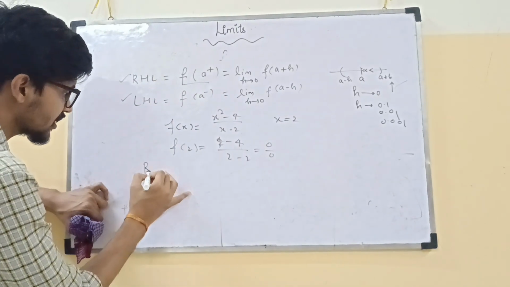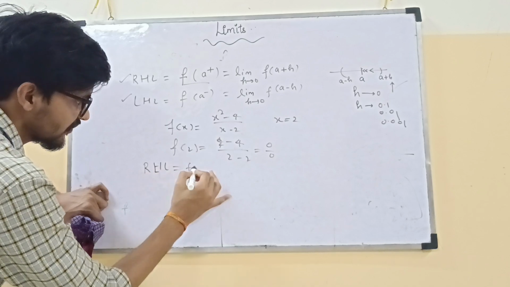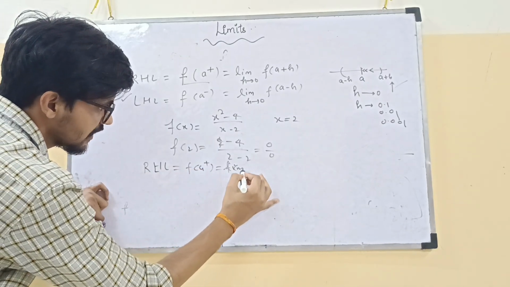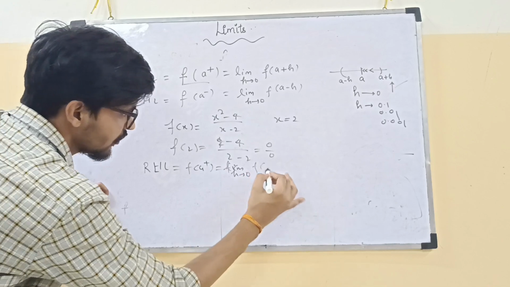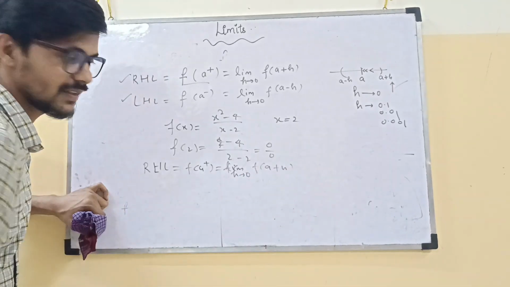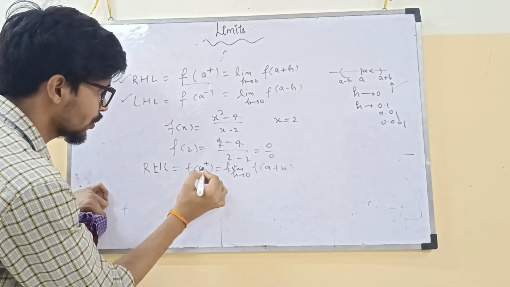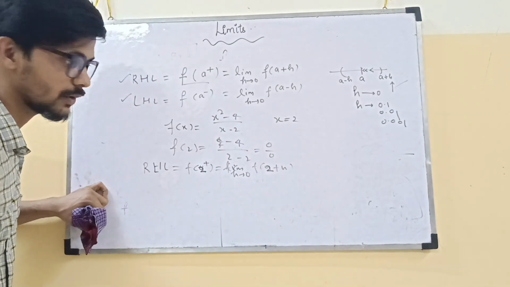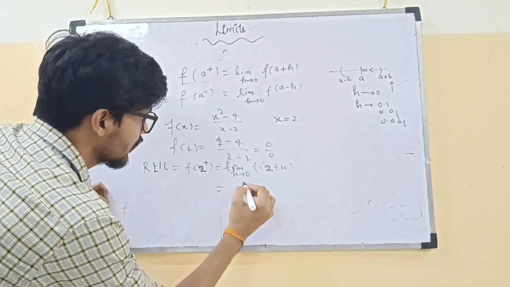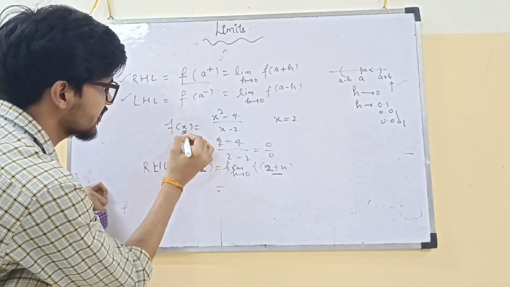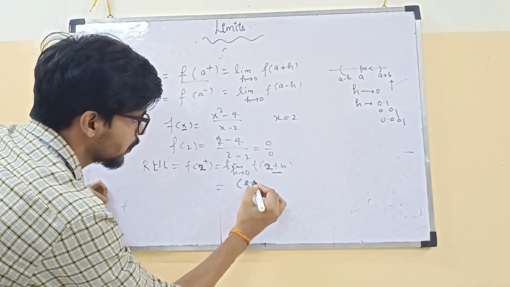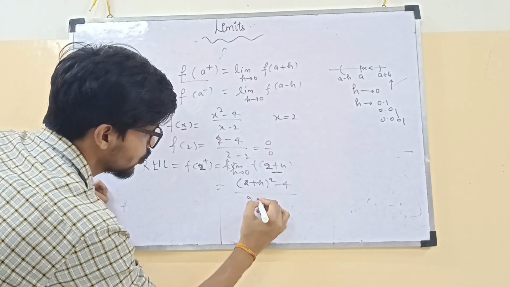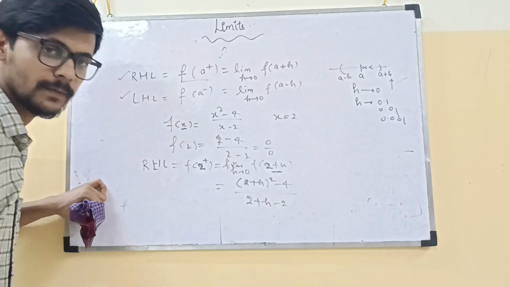Okay, so RHL is f of a plus, that is limit h tends to 0, f of a plus h. Here a is 2, so we are putting 2 here. Then we'll put this value in place of x, that is 2 plus h square minus 4 divided by 2 plus h minus 2.